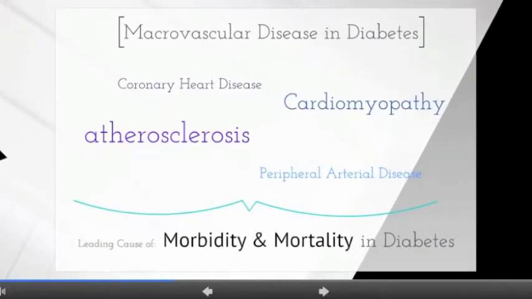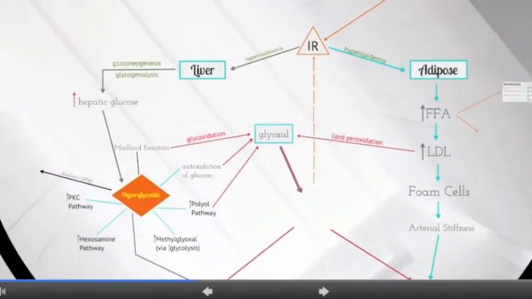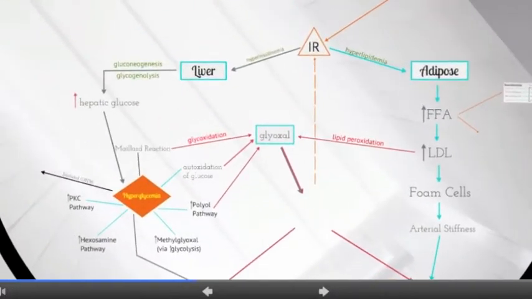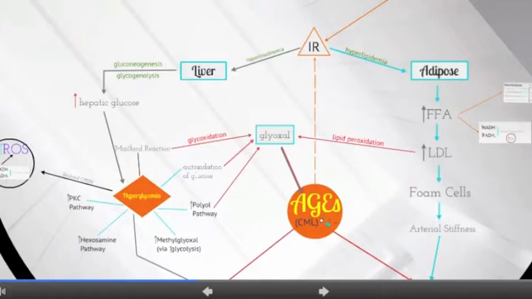However, altered lipid metabolism may play a leading role in the development of macrovascular complications, the leading cause of morbidity and mortality in diabetes. The increased flux and oxidation of both glucose and lipids has 2 consequences: the increased formation of intracellular reactive oxygen species, and the increased formation of advanced glycation end products.